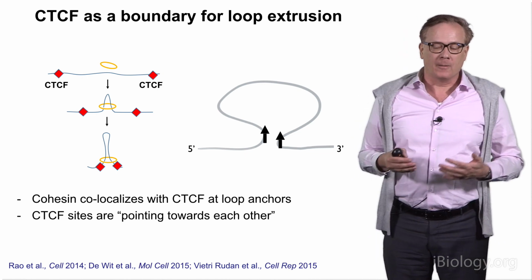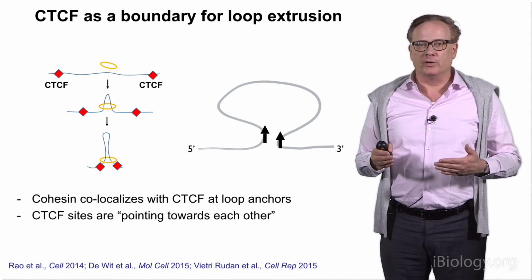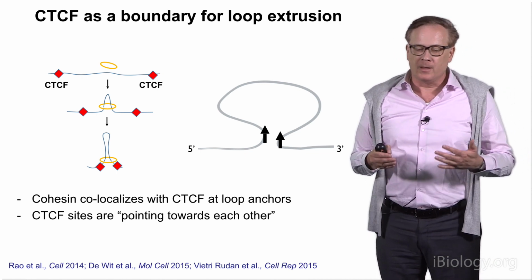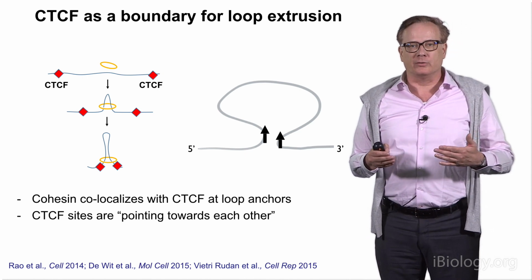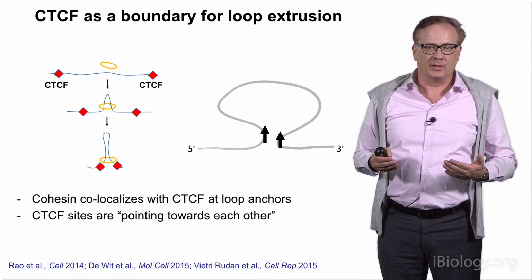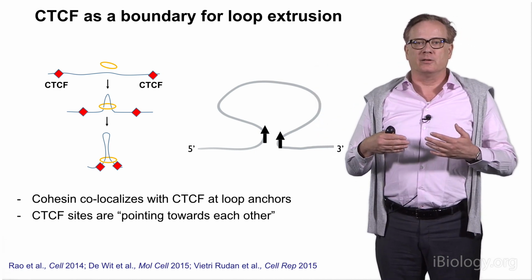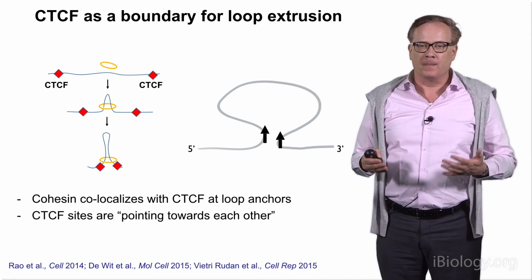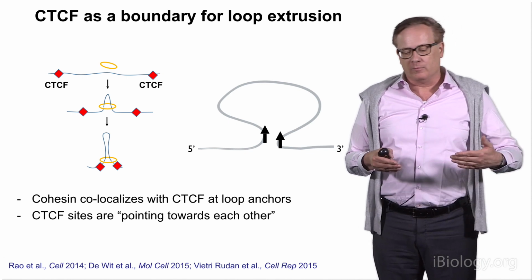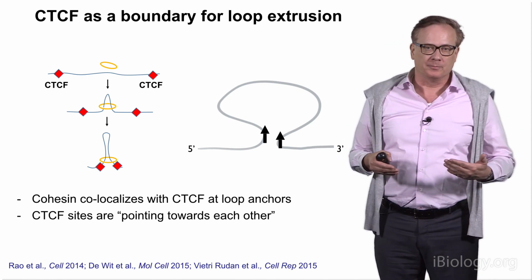And that implies that CTCF may not only function as a simple physical barrier, but may function as a boundary in an asymmetric fashion, implying that if cohesin was arriving from one side at such a DNA-bound CTCF molecule, it might block extrusion, but if it's arriving from the other, it might not.